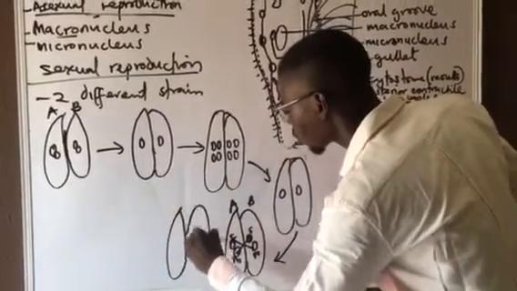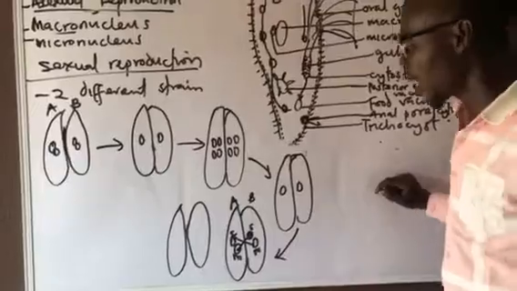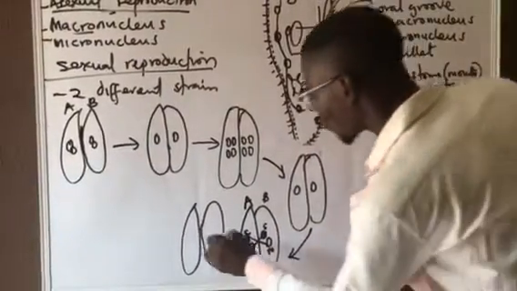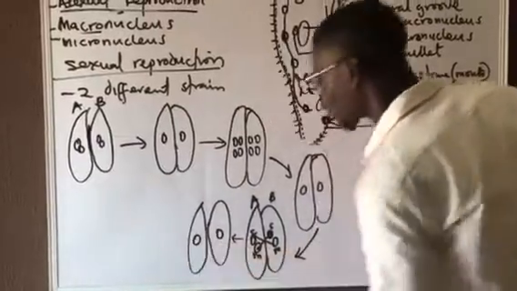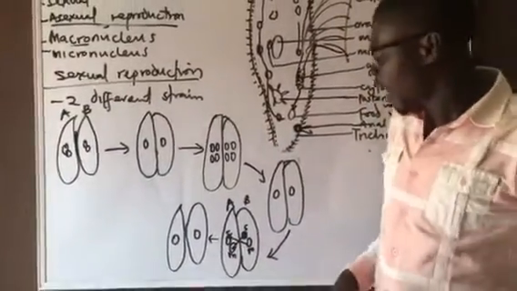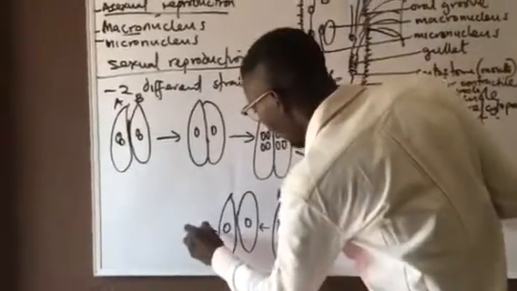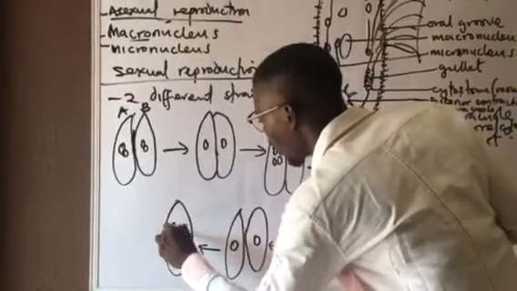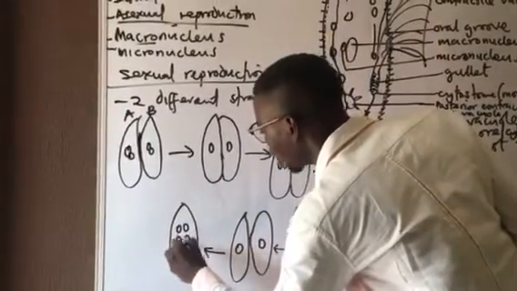So this zygote will now cause both parents to split. As a result of the formation of the zygote, both conjugants are now called ex-conjugants. They will split, and the new zygote nucleus will carry out meiosis or mitotic division to form 8 nuclei each.